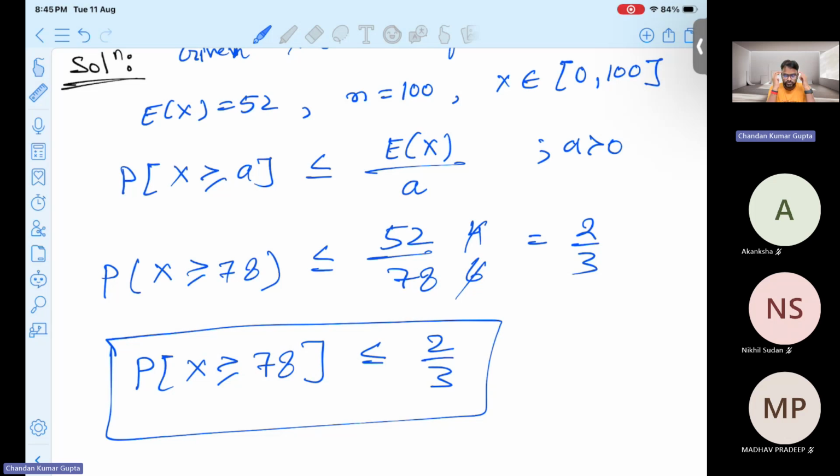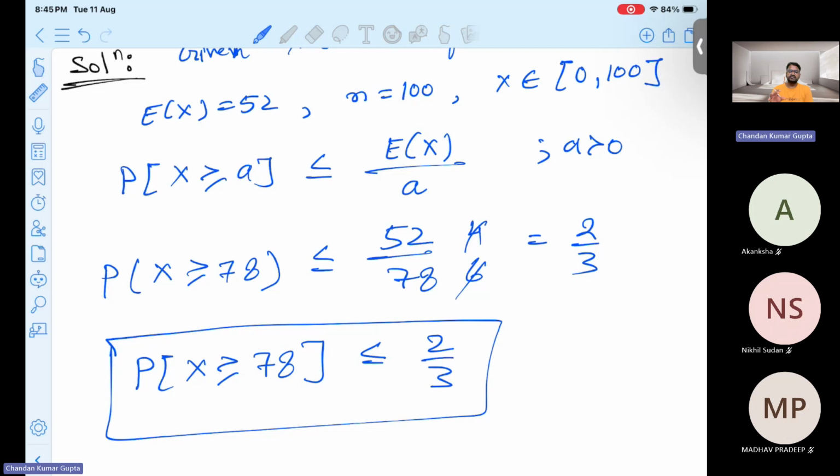If I need to know what percentage of students will get 80 marks out of 100, then I am 100% sure that the value must be less than 65% or 66%. Because 78 or more marks will be scored by a maximum of two-thirds of the students.